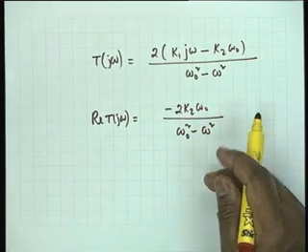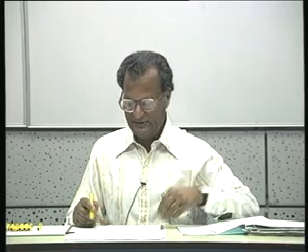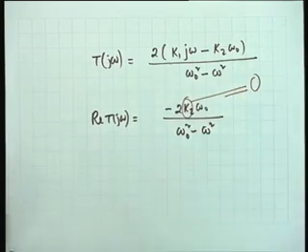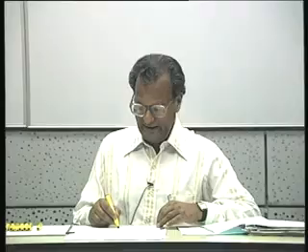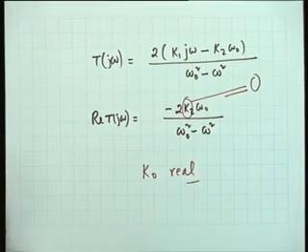So, there exist values on the j omega axis at which the real part can be negative, and the only way that you can avoid it is to make k2 equal to 0. Is the argument clear? That is the argument that I gave yesterday, but I did not carry out this calculation. Therefore, we prove that k0 has no other alternative but to become real.